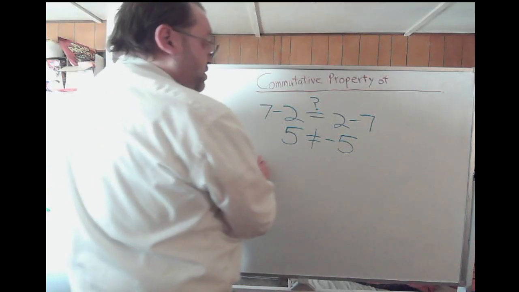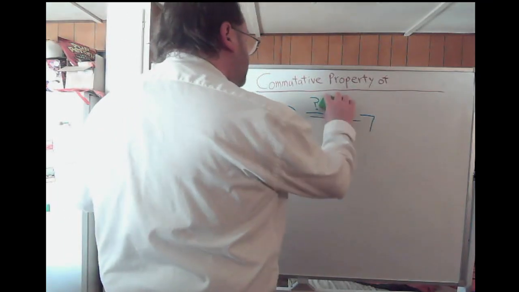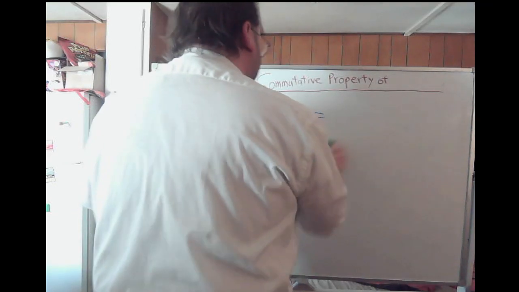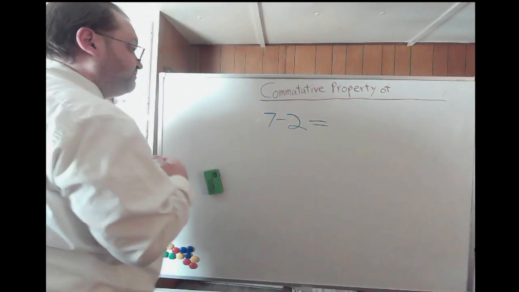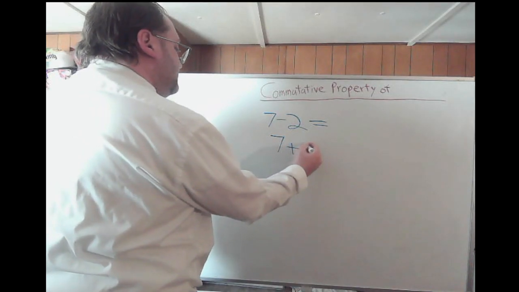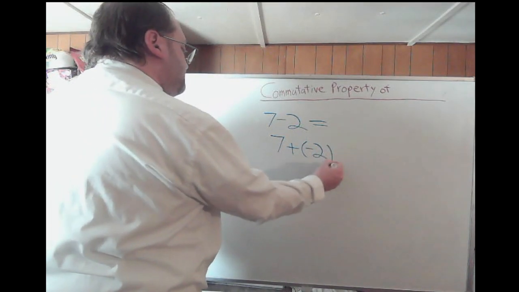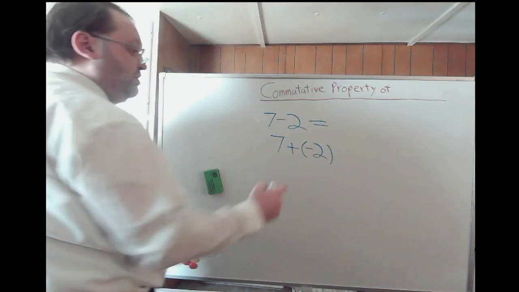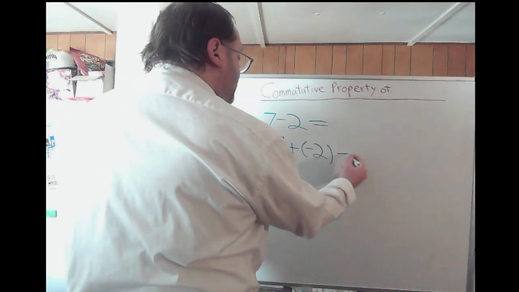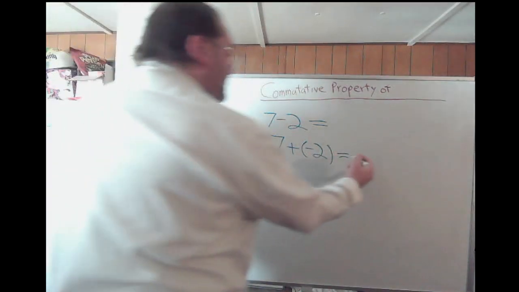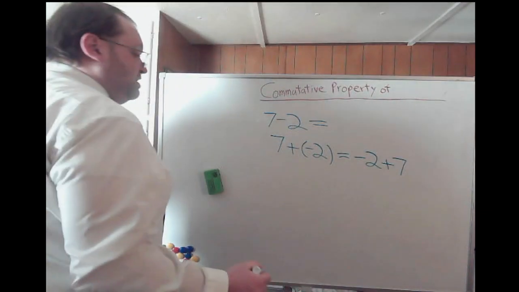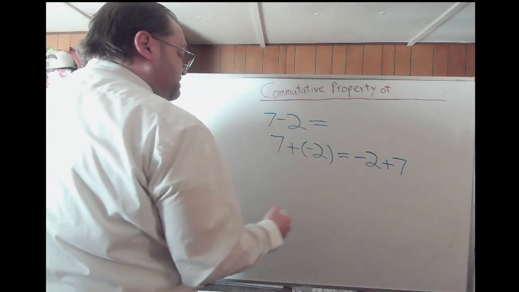It just doesn't work. The closest you would ever come to a commutative property of subtraction would be to rewrite that 7 minus 2 as 7 plus negative 2, because whenever you have minus a positive number, that's the same as adding a negative. So 7 plus negative 2, you could then rewrite it as negative 2 plus positive 7, which would give you the same result.